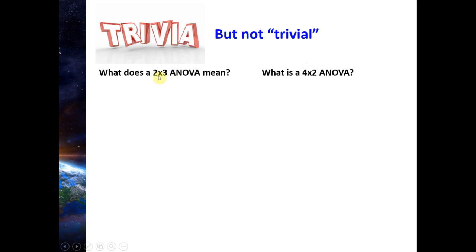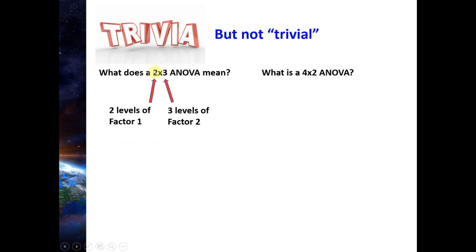If we look first here at a 2x3 ANOVA, what we know just by quick visual inspection is that it's a two-way. We also know that this first factor had 2 levels. This next factor had 3 levels. So again, we know it's a two-way. Why? Because there's two positions here.